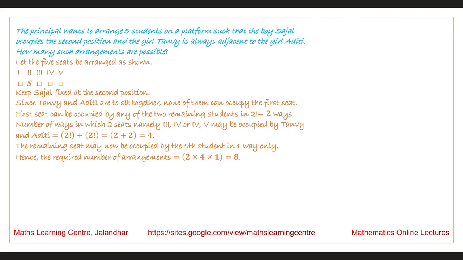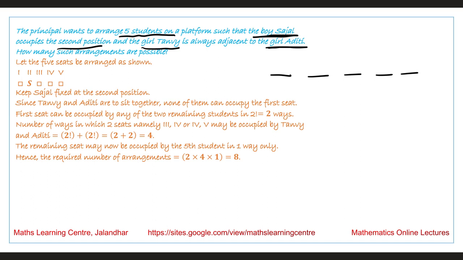Now next we have: the principal wants to arrange 5 students on a platform such that the boy Sajal occupies the second position and the girl Tanvi is always adjacent to Aditi. How many such arrangements are possible? We have a total of 5 places.